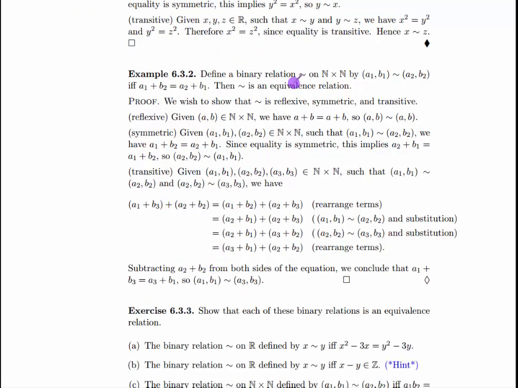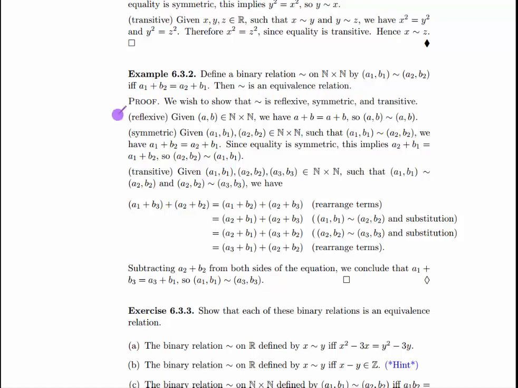Now I can define a relation on N cross N. N cross N is my set. The relation is going to be a collection of subsets of N cross N. Here I'm saying that two elements of N cross N are related if and only if a1 plus b2 equals a2 plus b1. You can go through this proof to show that.